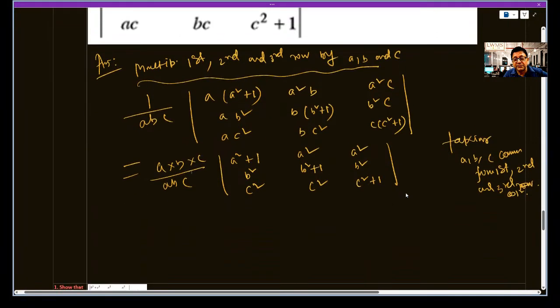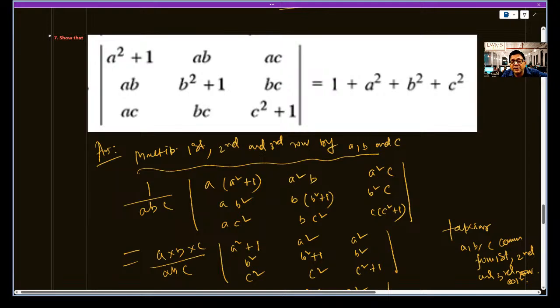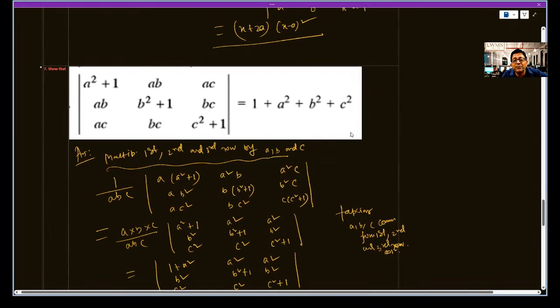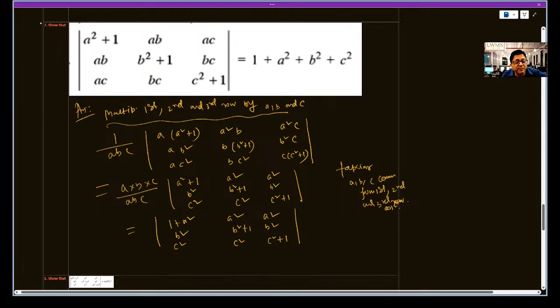So done. It's going to be 1 plus A square, B square plus 1. Clear? Done? Have I got the answer? You have to get 1 plus A square plus B square plus C square.